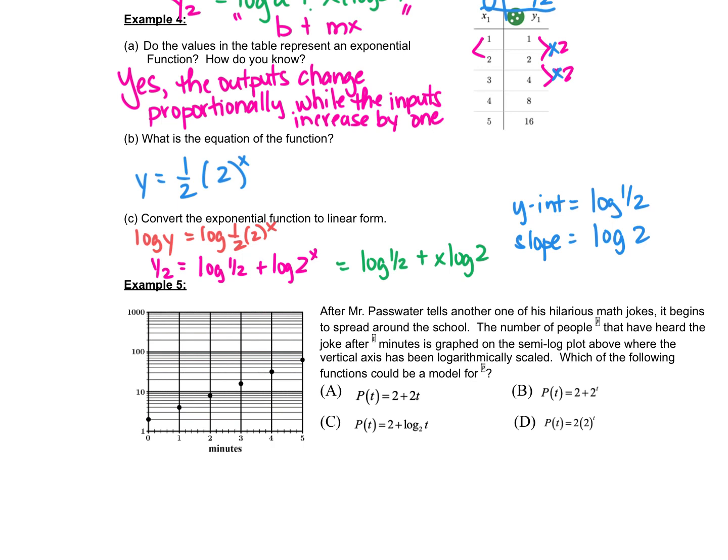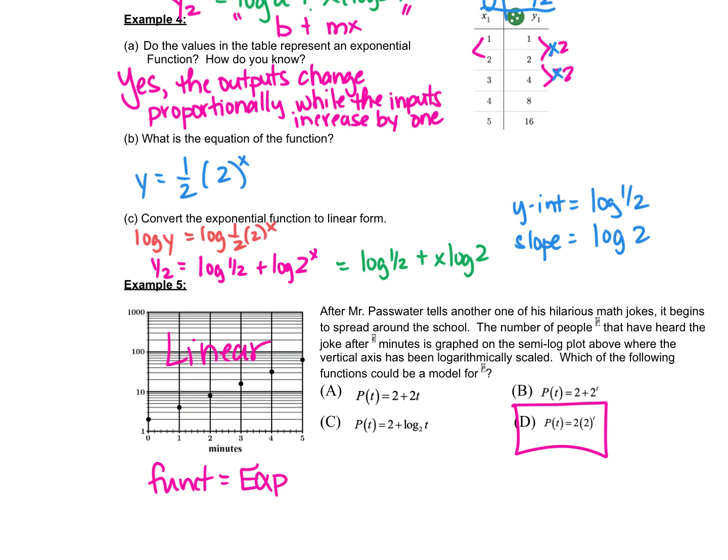Okay. What does our graph look like? It's linear. And if it looks linear, what does my function have to be? Has to be exponential. Okay, which one of those things are exponential? D. Okay, it's not added to, it's going to always be multiplied by.